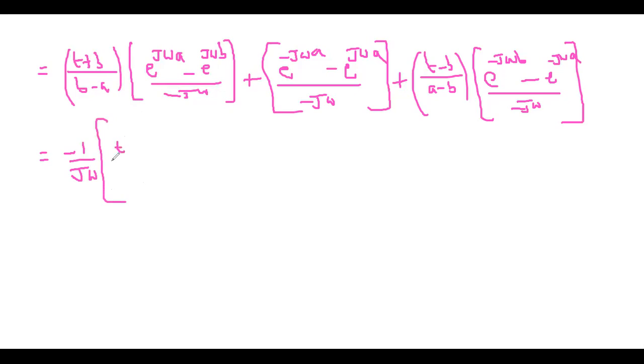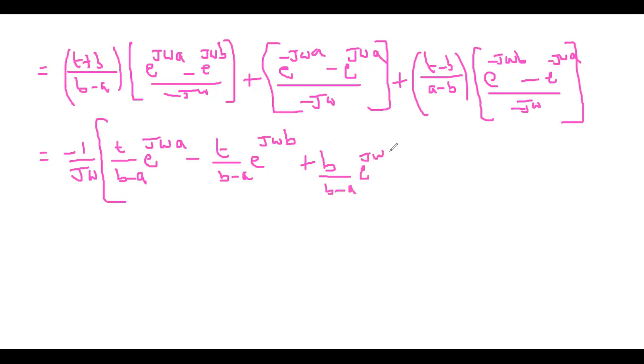And t into (b − a) e^(jωa) minus t by (b − a) e^(jωb), plus b into b by (b − a) e^(jωa) minus b by (b − a) e^(jωb).